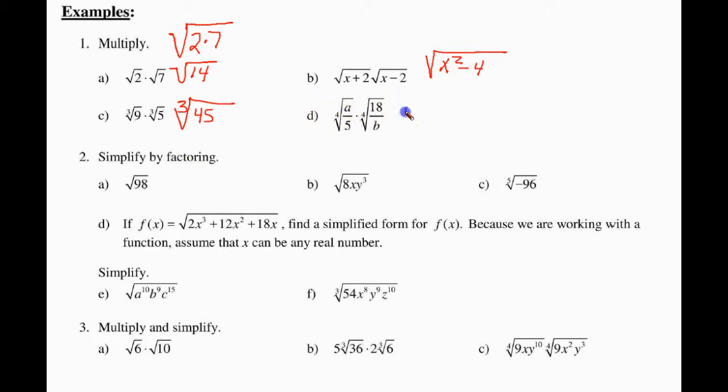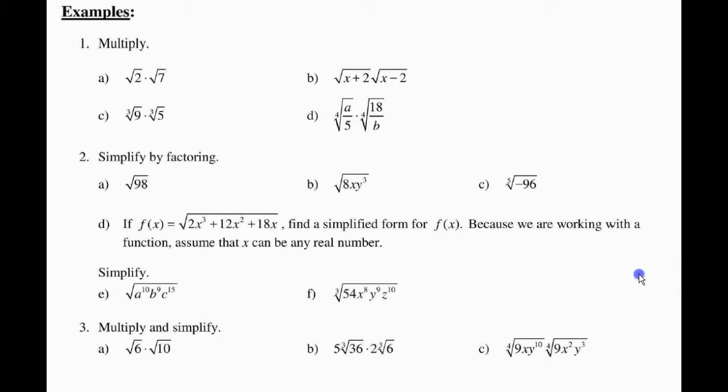And again, same index number. This becomes 18a and 5b. So this is sort of the easy part. If the index number is the same, you just multiply the radicands and there's your answers.